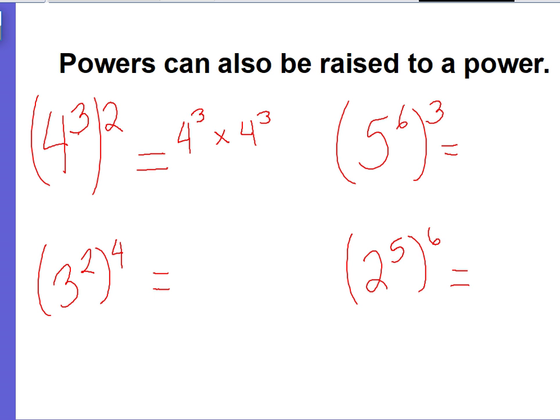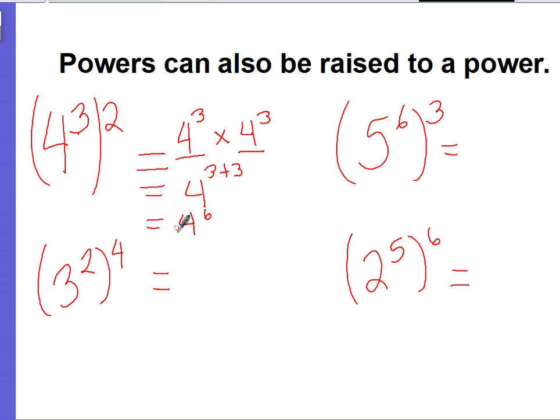So if that's 4 to the third times 4 to the third, now it takes us back to the rule that we just learned. Since the bases are the same, I can just add the exponents. So that's 4 to the 3 plus 3. But then somebody might say, well, 3 plus 3 is the same as 3 times 2. And you'd be right. So this is 4 to the 6th.